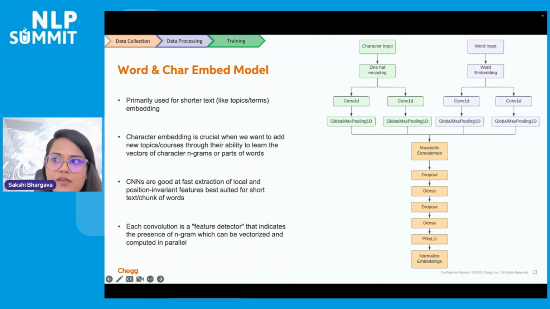The advantage of encoding on both word and character level is that the model is able to overcome out of vocabulary cases, which is kind of a requirement for us because, like I said, we want to infer or predict for new classes too. So that the model is able to learn not just the words but also the characters within the topic labels or any other term labels, course labels, etc. The character encoding is very useful.